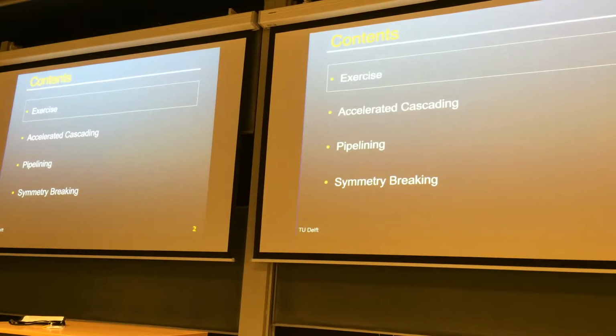Then a discussion of pipelining, and finally a discussion of symmetry breaking. And after that we are ready with the basic techniques, and we can concentrate on more involved techniques concerning the manipulation of matrices.